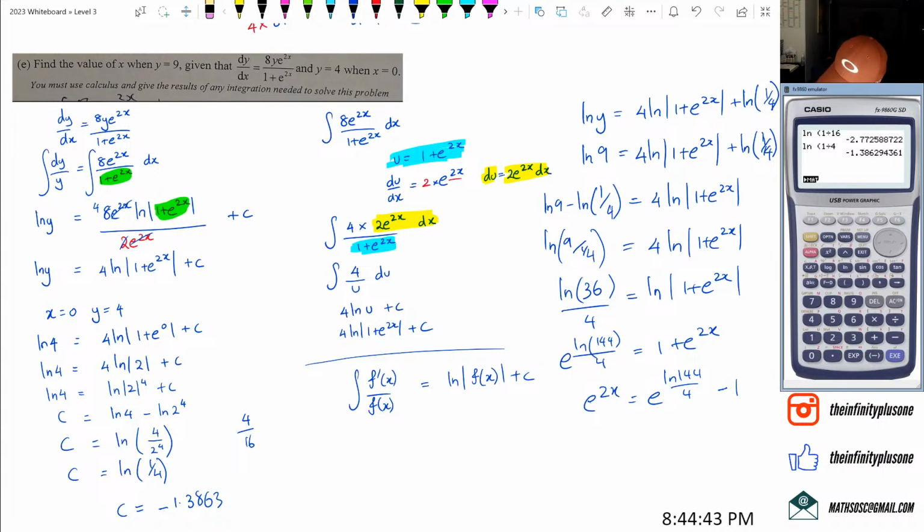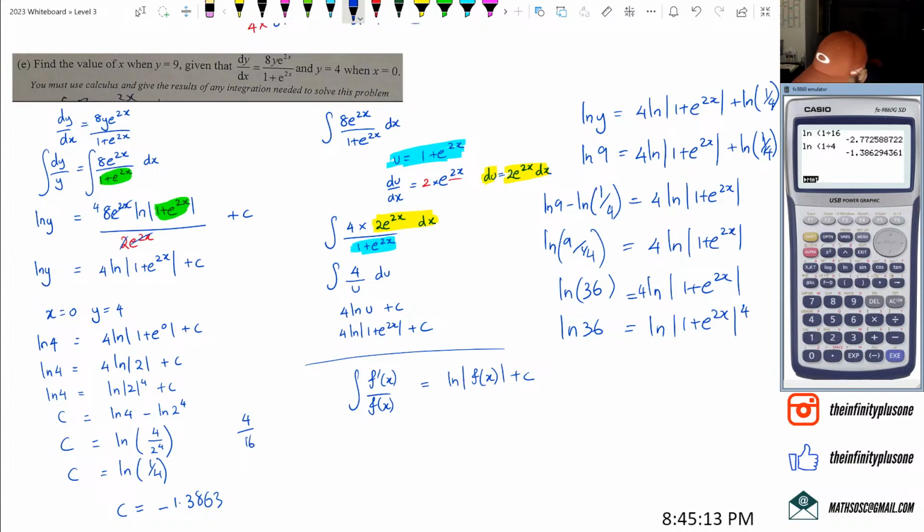Yeah, I think I am going to try and do it your way. I think I messed up that 1 over 4. That's fine. What else could I do here? Well, actually, I could do this. Hang on a minute. ln of 36 is equal to ln of (1 plus e to the power of 2x) to the power of 4.